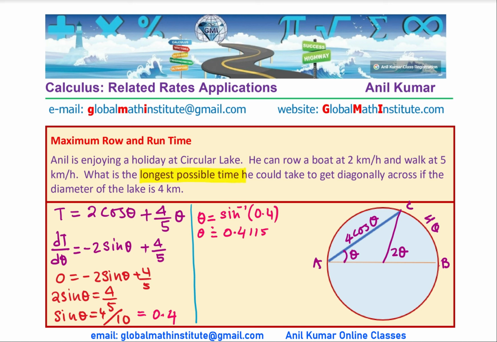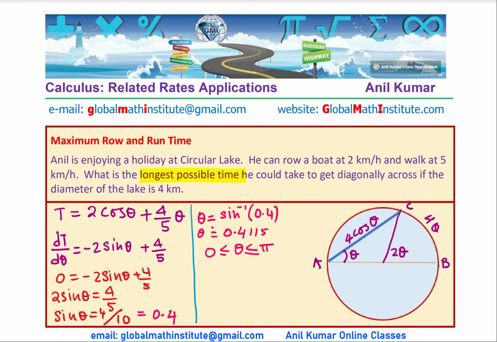So now how do you say this is the maximum time? So we know the value of theta is between 0 and 90 degrees, correct, in the given situation. You should write 0 and pi, as we are working in radians.